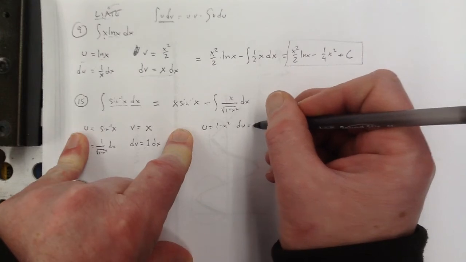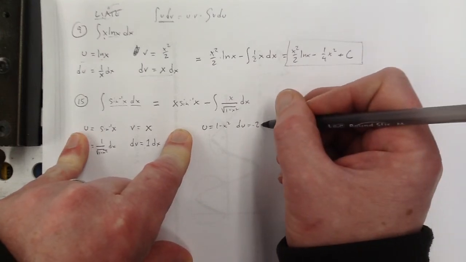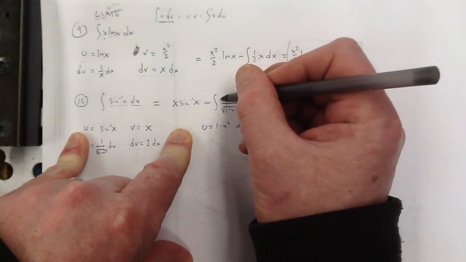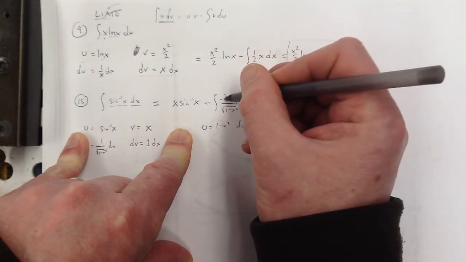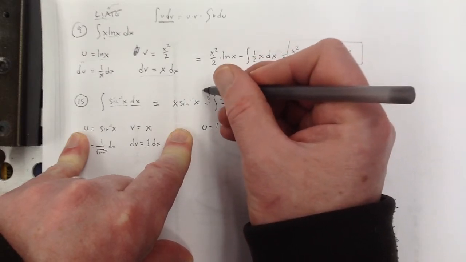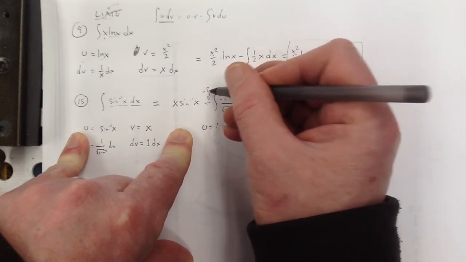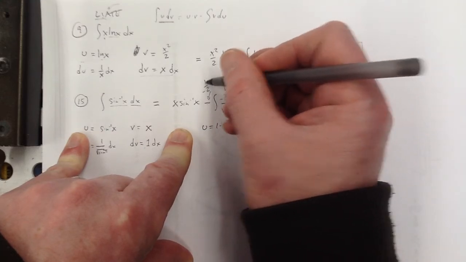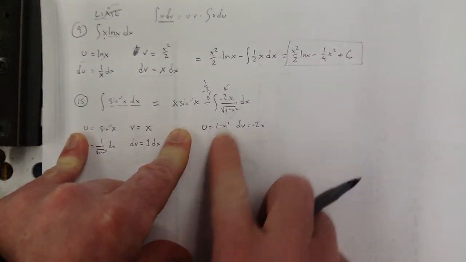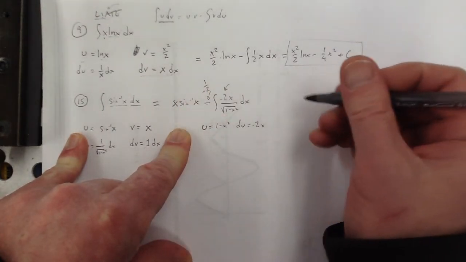Now, du is equal to negative 2x, and if I need a negative 2 on the inside of this, then I would have to put a negative 1/2 on the outside to balance that. And I already have a negative sign, so I have to clean that up here in a minute.